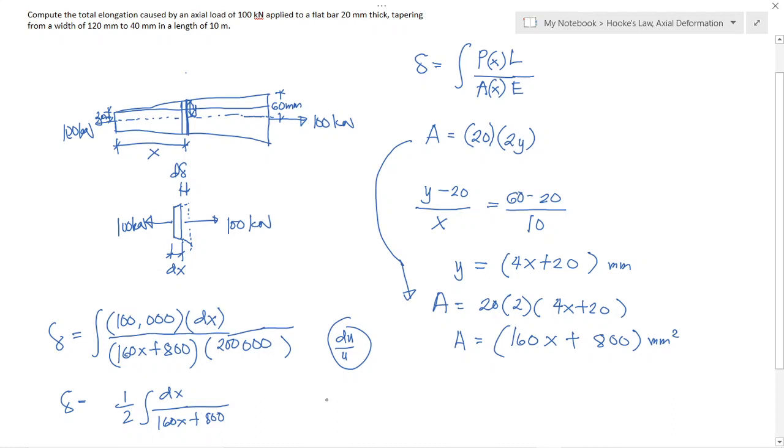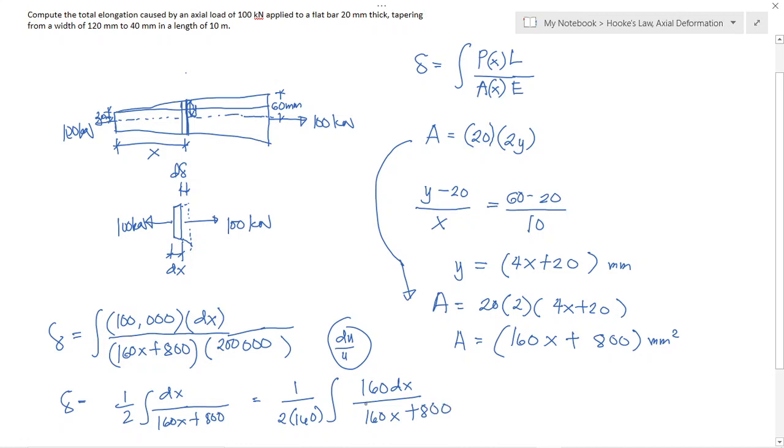So, kailangan mo ngayon ng neutralizing factor. Magkakaroon tayo ng neutralizing factor na 1 over 160 kasi ang du mo dito is 160 dx, di ba? So, para neutralize lang din siya, magkakaroon tayo ng 1 over 2 times 160 integral of 160 dx all over 160x plus 800.